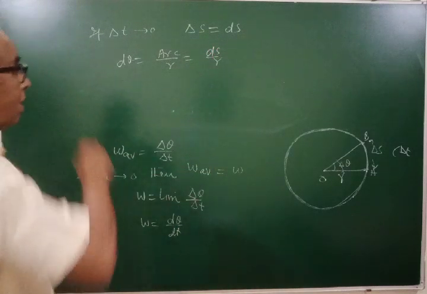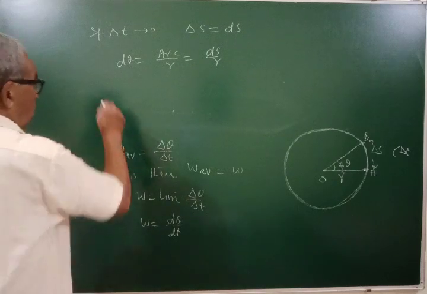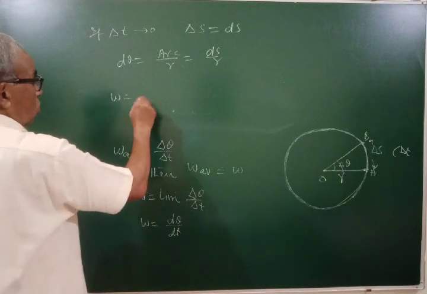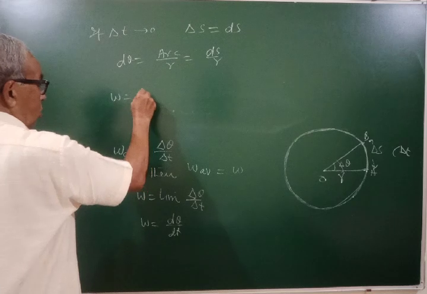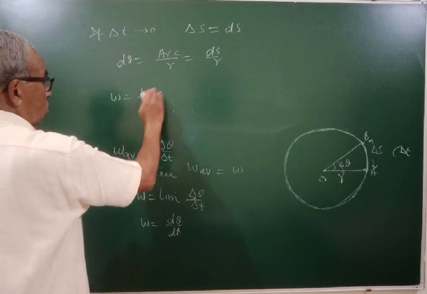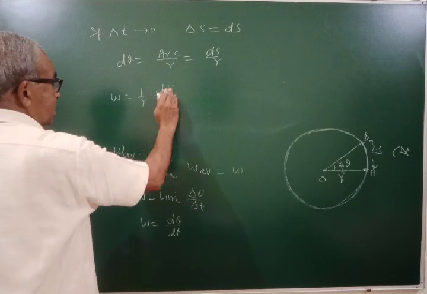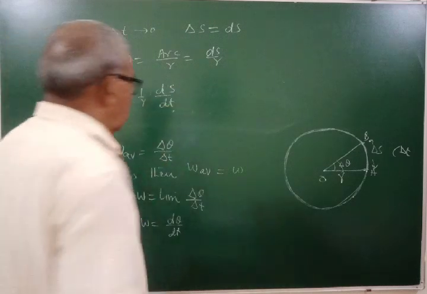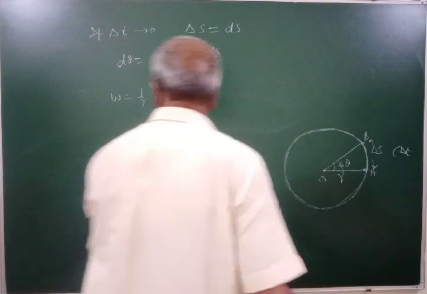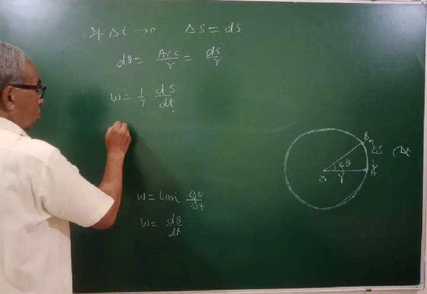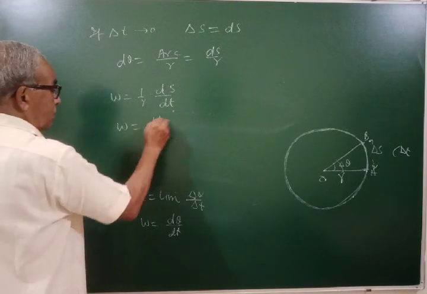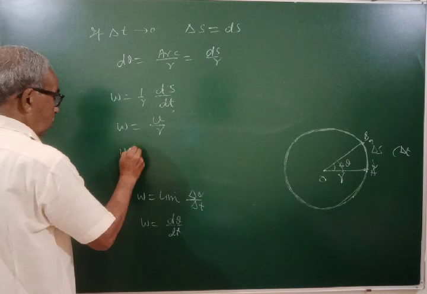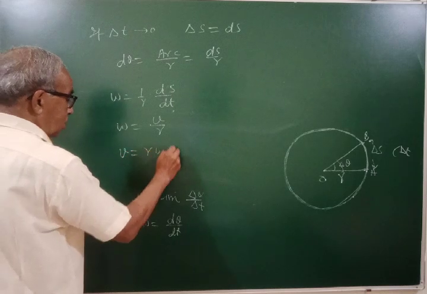Therefore, omega is equal to 1 upon r into ds upon dt, and hence we write omega equal to v by r, or v equal to r omega in simple sense.